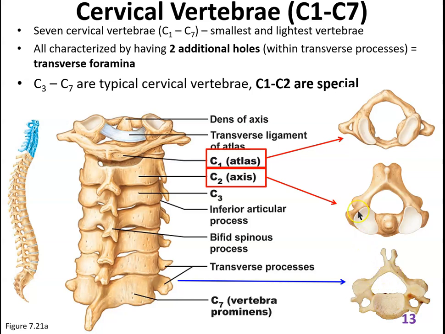You can't see them on the atlas or C2 here because these giant superior articular facets block your view, but the transverse foramina are under there, just like they're under here. So that's one of the most distinctive things about cervical vertebrae. If you find those foramina, you're looking at cervical vertebrae.